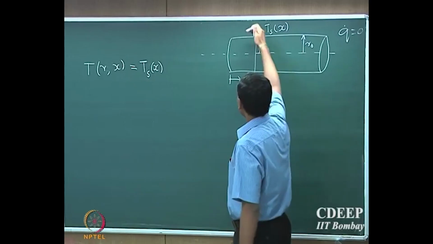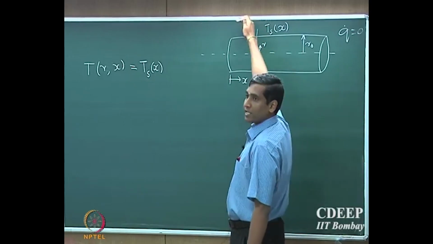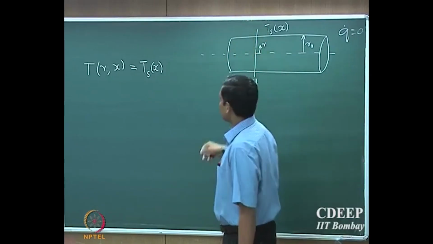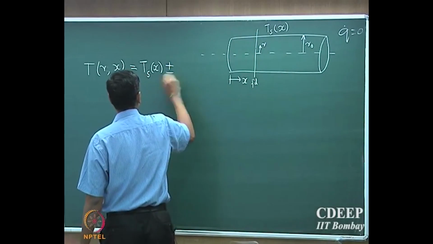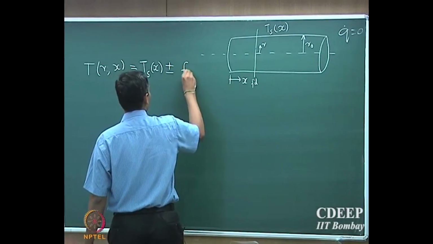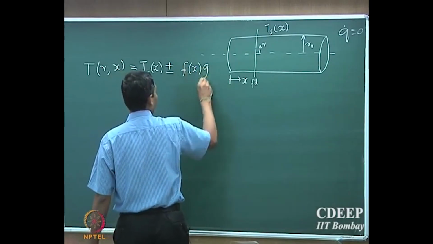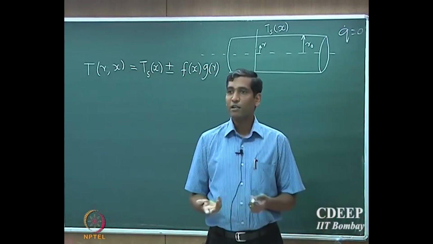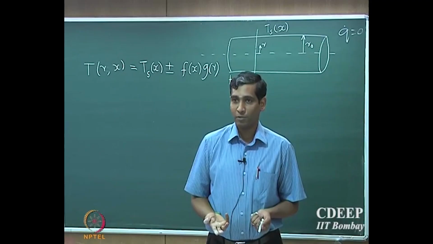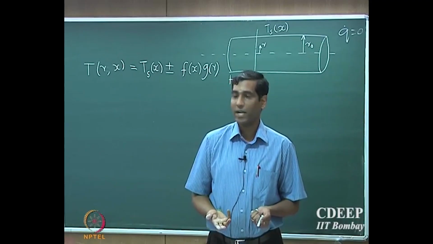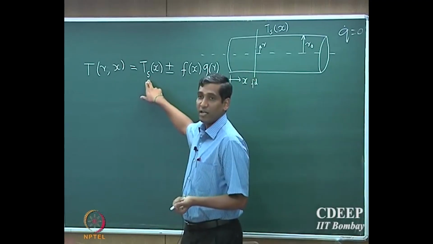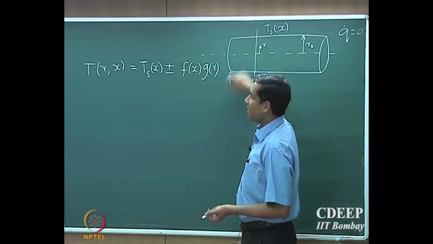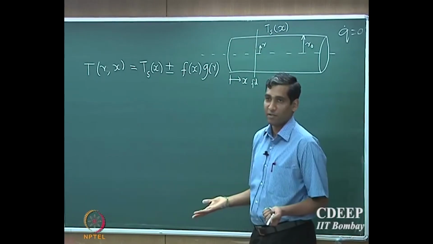So if we assume that there is heat that is being supplied from the external region to the fluid or from fluid to the surface, so the general solution will be Ts plus or minus some function of x and some function of the radius, right. So that's the general form of the temperature distribution, right. The upper limit is Ts if the heat is being supplied from the surface to the fluid, and the lower limit is Ts if it is vice versa.